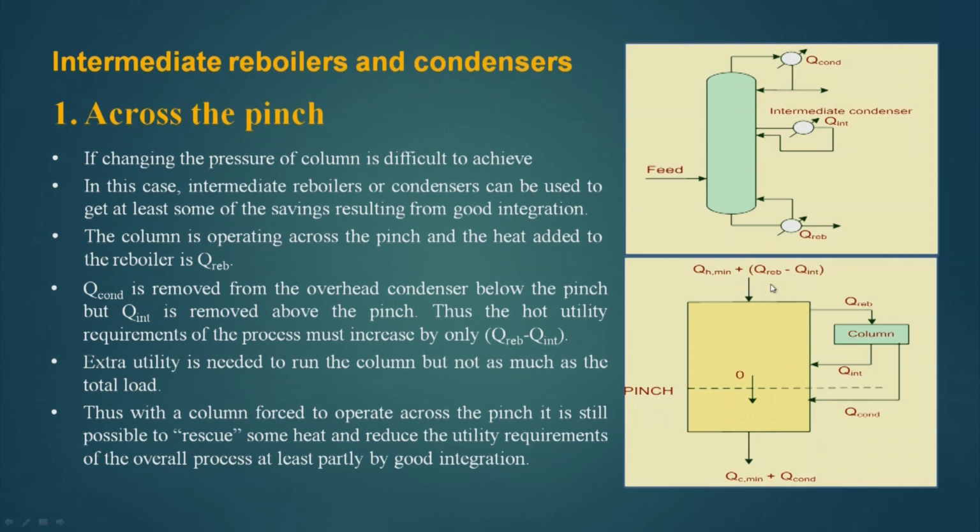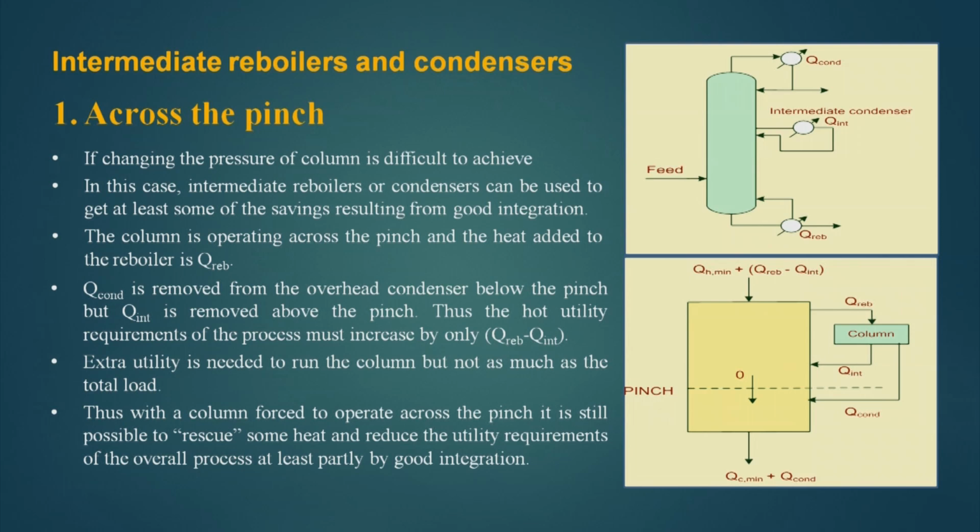So, at least the hot utility demand has decreased by Q intermediate condenser here, and the cold utility demand has been Q C minimum plus Q condenser. Otherwise, the whole condenser load was Q intermediate condenser plus Q condenser. So, the hot utility demand has decreased and the cold utility demand has also increased in comparison to operating the process and distillation column separately.